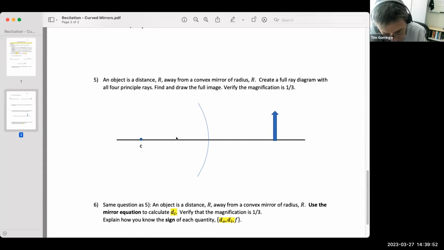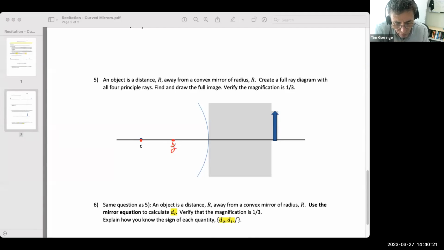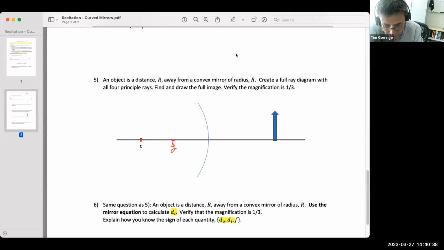I'm going to first just mark the radius of curvature and the focal point of our mirror, which is behind the mirror, a focal length behind it. And then I'm going to start sketching these rays using these two points.